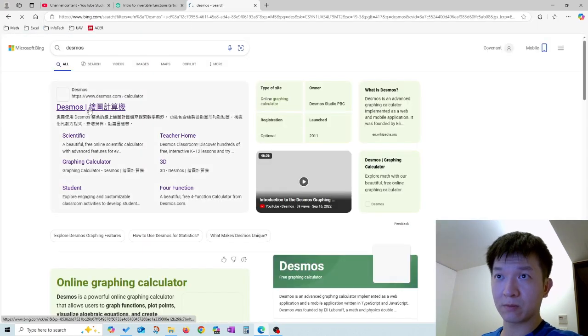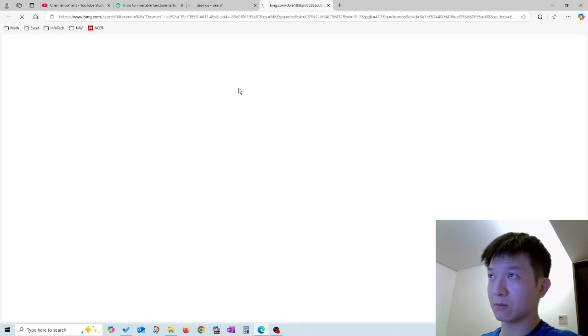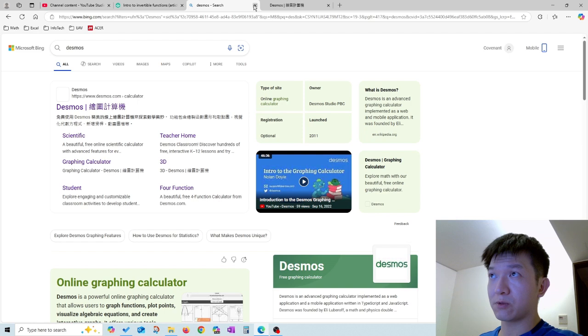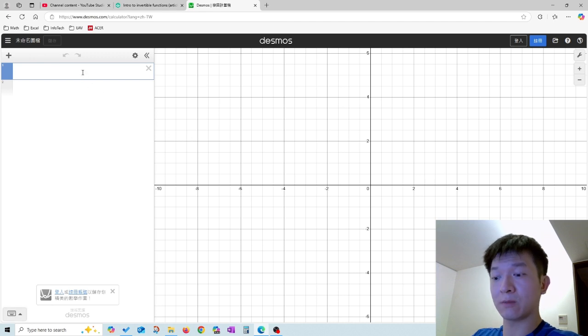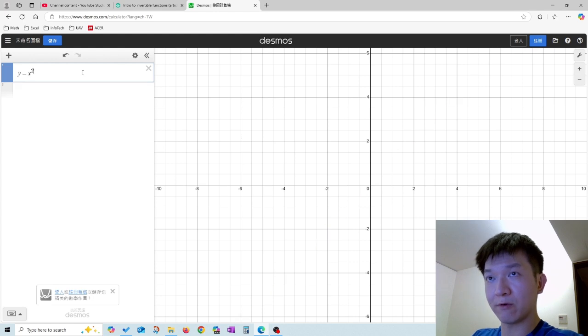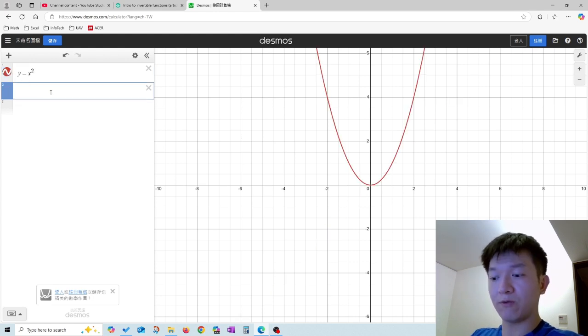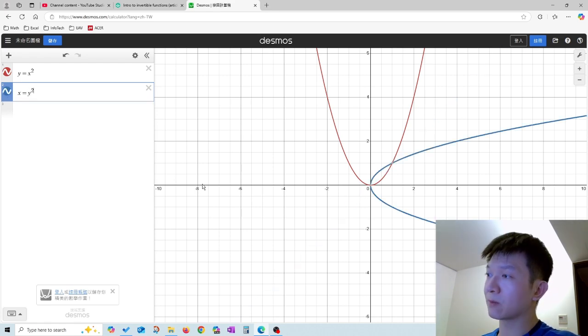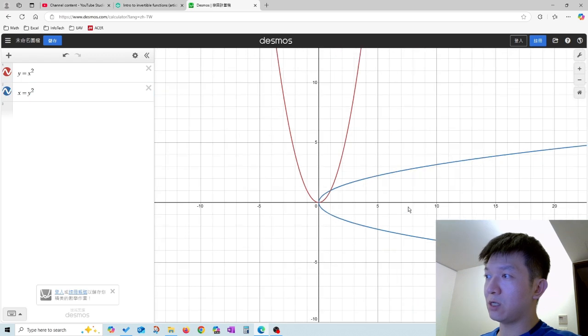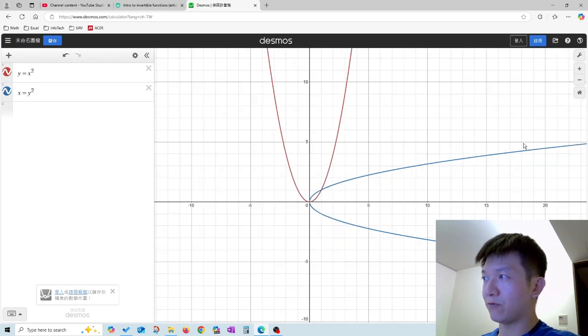So when you look at decimals here, y equals x to the power of 2, but if you want to switch around, x equals y to the power of 2, right? So indeed this is the inverse.